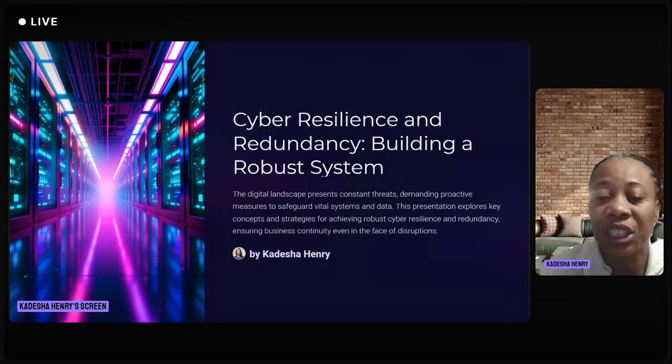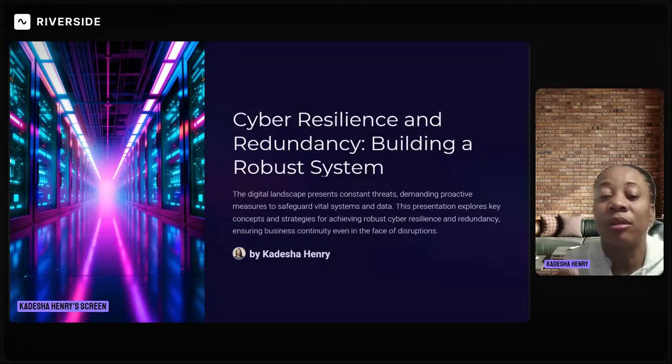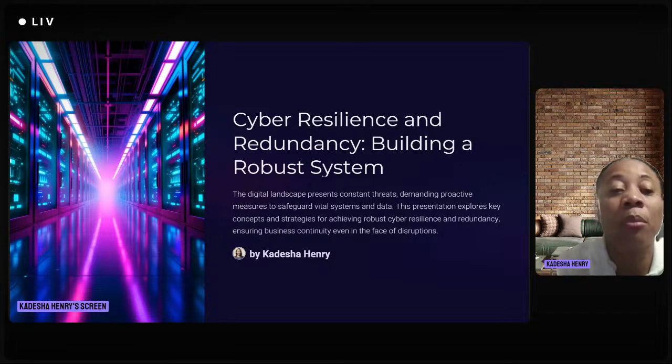This presentation will explore the key concepts and strategies, some of which we use to achieve our cyber resilience and redundancy, to ensure that business continues even in the face of disaster, even in the face of disruption, whatever is happening in our digital landscape.